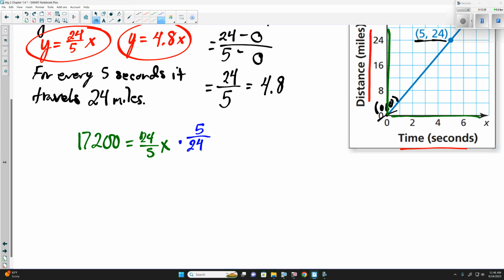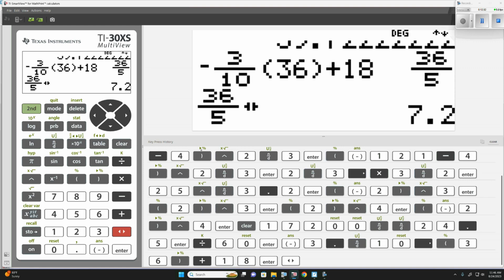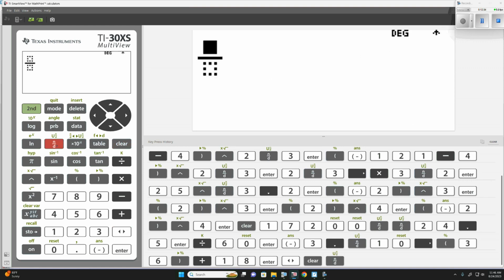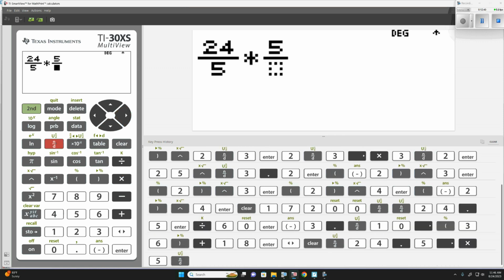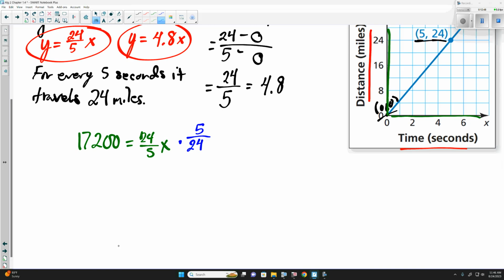Yeah. Because we can multiply by the reciprocal. And we can pull out a calculator to see this. If we said 24 over 5 is being multiplied by 5 over 24, we get 1. That's our identity property of multiplication.